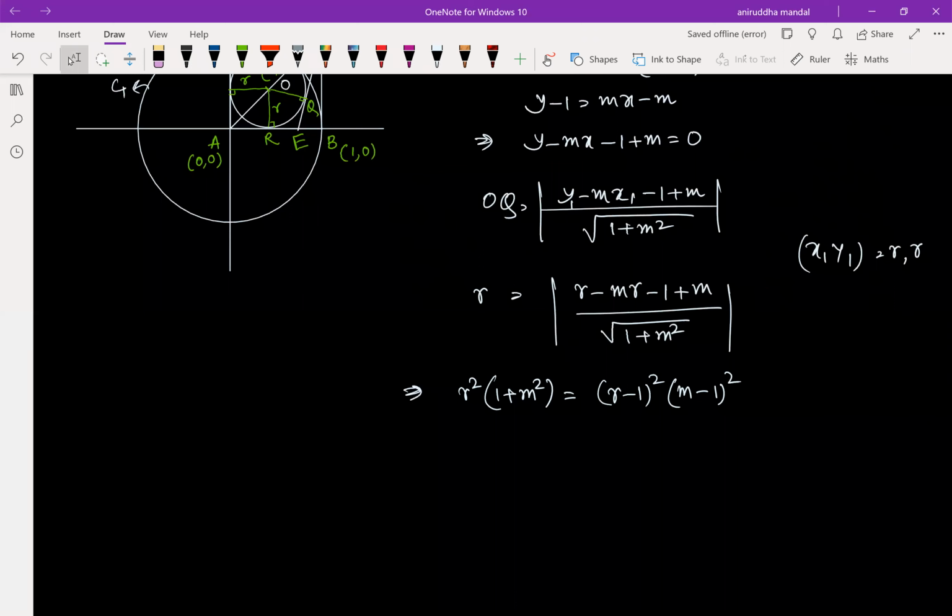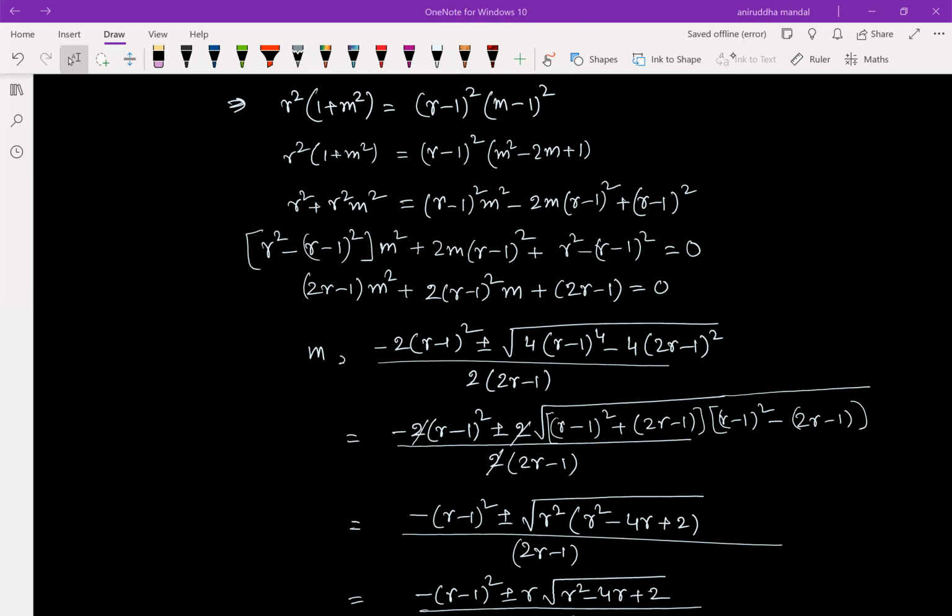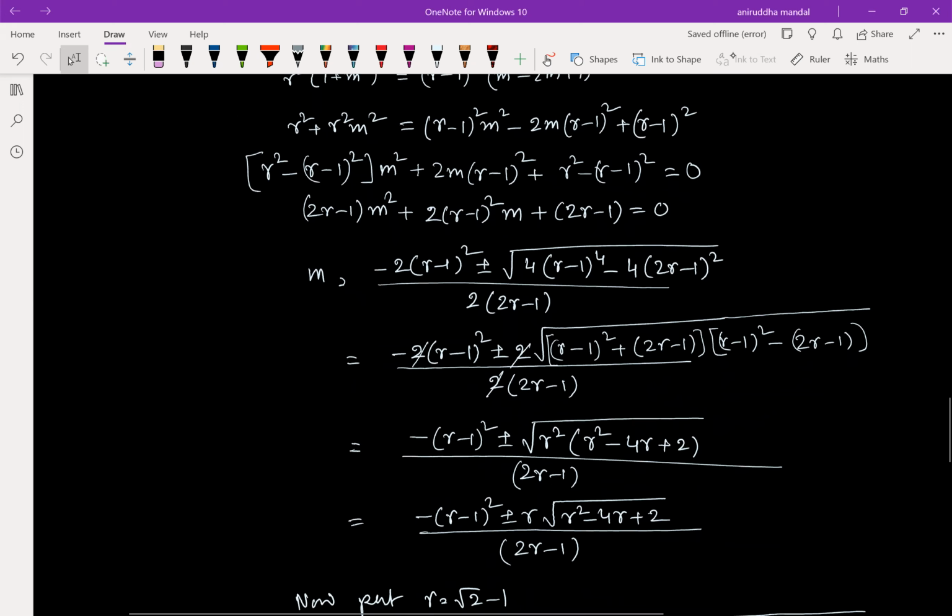Now if we solve this value of m by putting R as root 2 minus 1, you will get this complete expression.